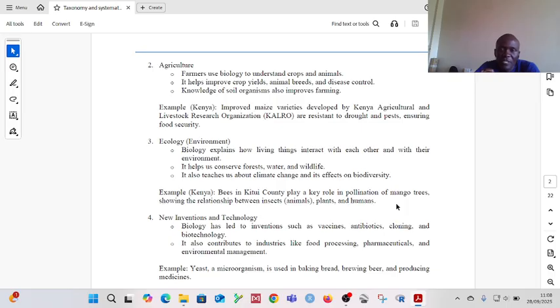Okay, there's something we call cloning. So all these inventions end up having a positive impact on human life or life in general. Okay?